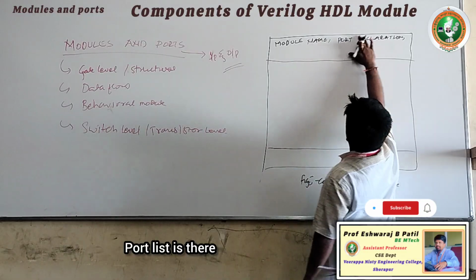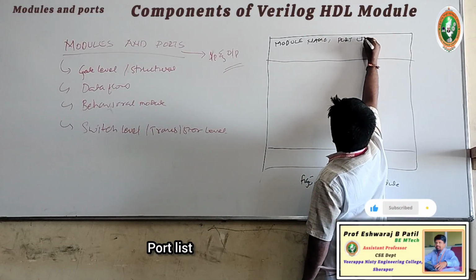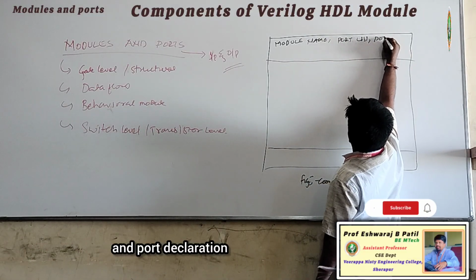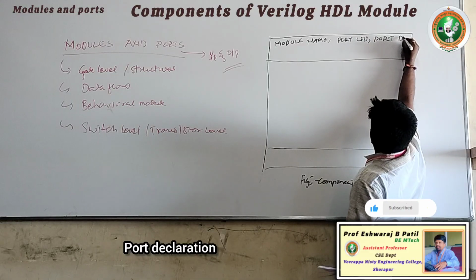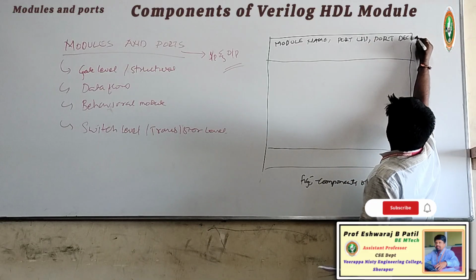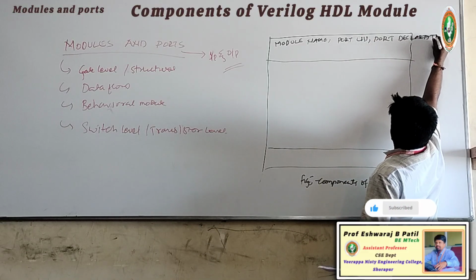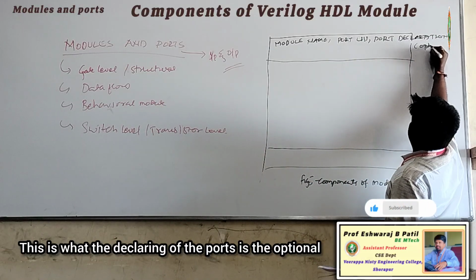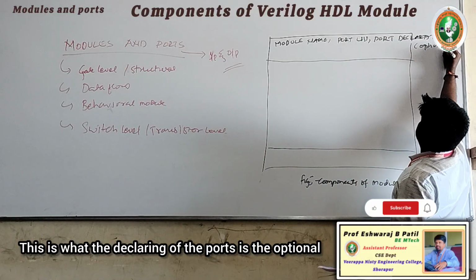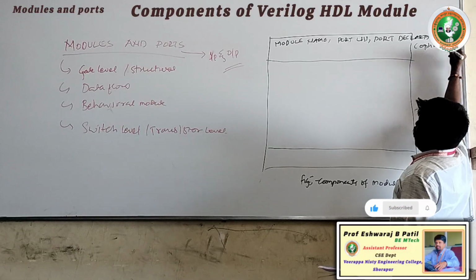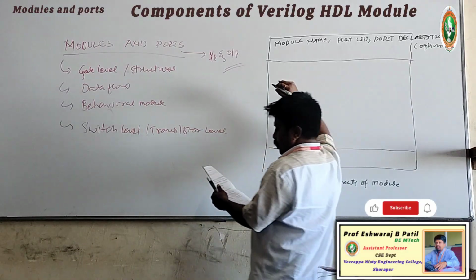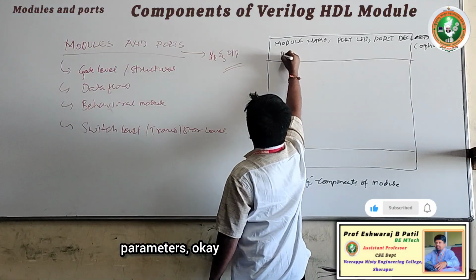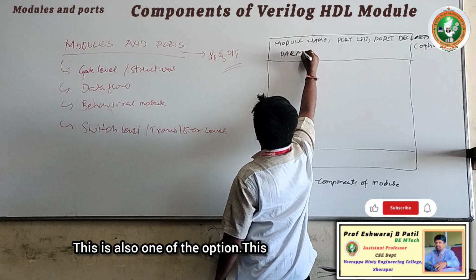Port list and port declaration, that is optional. Declaring the ports is optional. And also we have the parameters, which is also optional.